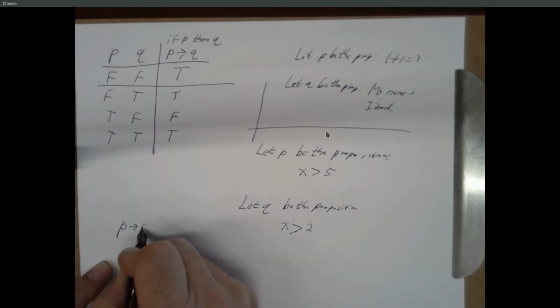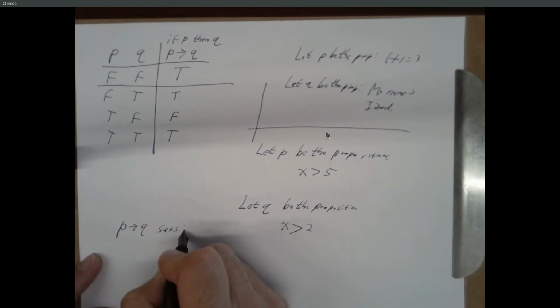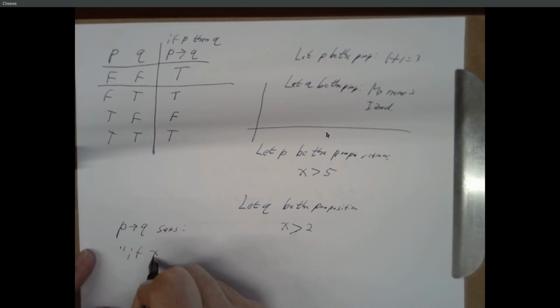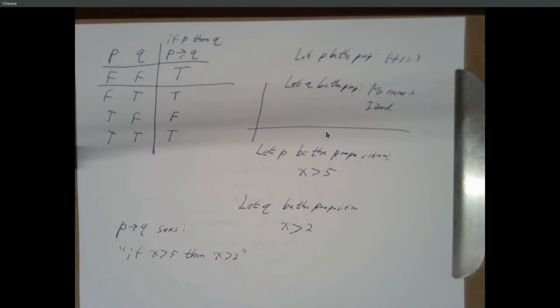So if P then Q says the following: if x is bigger than 5, then x is bigger than 2. Is that if-then statement a true statement over integers? If an integer is bigger than 5, then it's bigger than 2. Is that true? Is it always true? Right? There's no way to argue with this. This proposition must always be true.